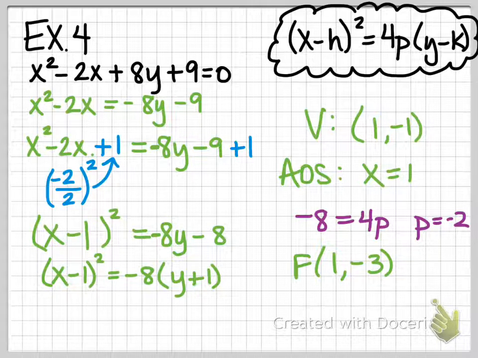Then if I go back to the vertex, the directrix is a line that is 2 spaces above the vertex. So if I'm sitting at (1, negative 1) and I shift 2 spaces up, then that's going to be the line y equals 1. So then now I would have enough information to graph this parabola.